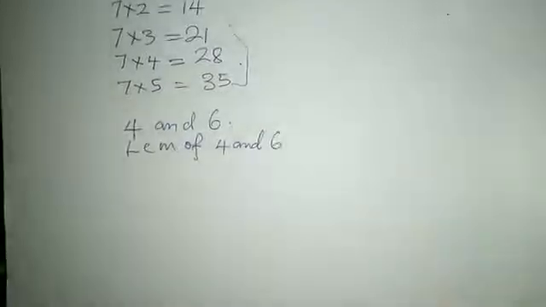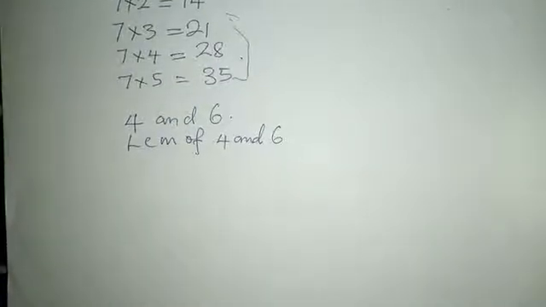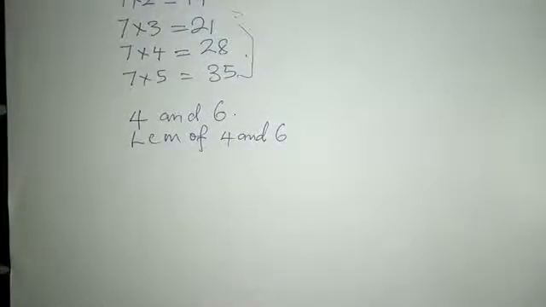Now, what we are going to do is, let's first of all list all the multiples of 4. Remember, we are looking for a multiple that is common to 4 and that is common to 6. The multiple we are going to get must be common to 4 and to 6. Very important.